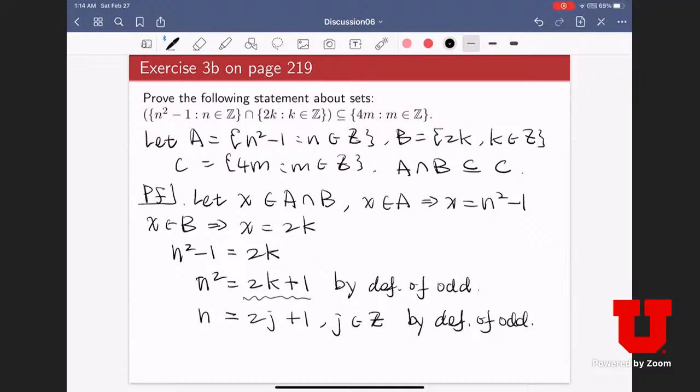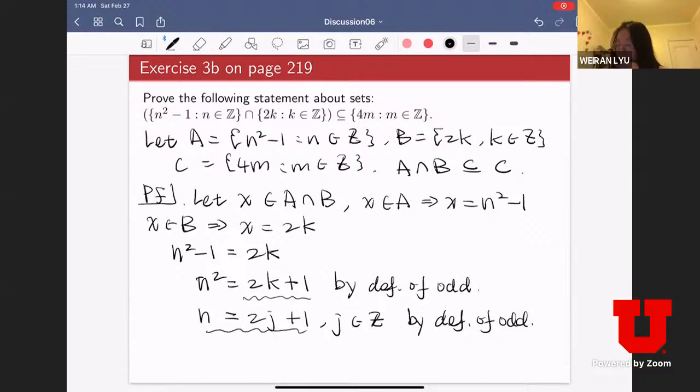Yeah, so back to n squared, it is equal to (2j plus 1) squared, so it's equal to 4j squared plus 4j plus 1. Okay, so you're saying that we want to substitute n equals 2j plus 1 back into the original equation where we have x equal to n squared minus 1.